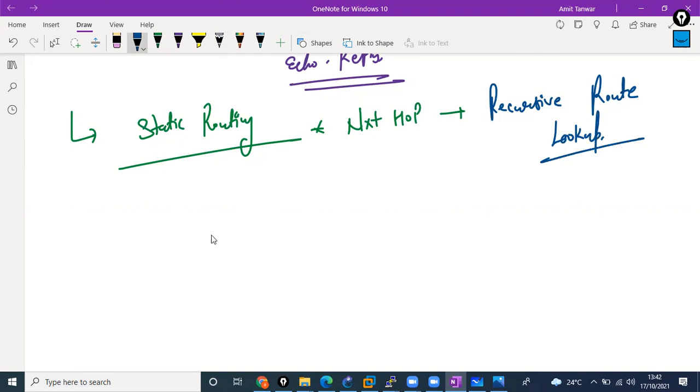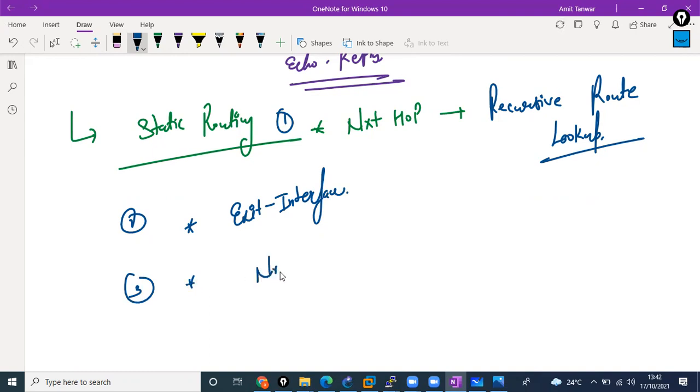In the next video, we'll discuss static routing with the second method. This is the first method. The second method is about exit interface. Then in the third one, we'll discuss next hop plus exit interface, which is a combination of the first and second methods.